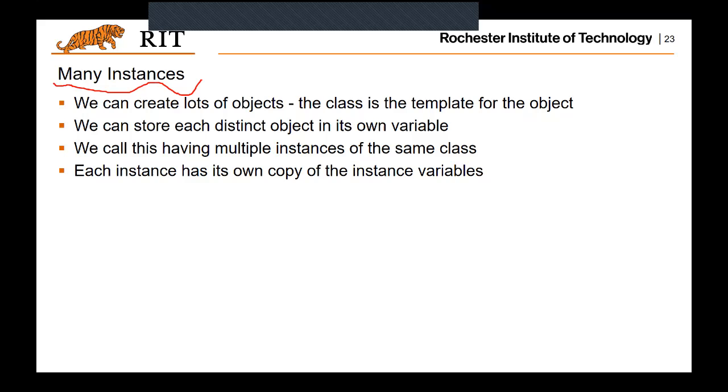So you can create a lot of objects utilizing the class. And again, the class is a template for the object. Also, you can store each distinct object into its own variable. Basically, you define different variables, and each variable would contain a different object.